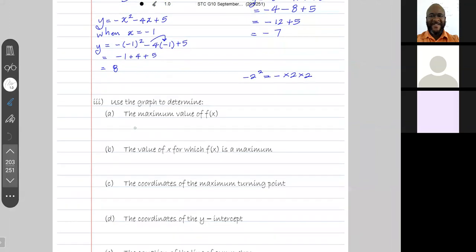So f of x max, the maximum value of f of x, is 9. x is equal to minus 2 is the value of x for which f of x is a maximum.